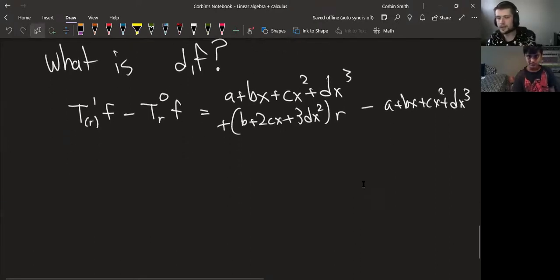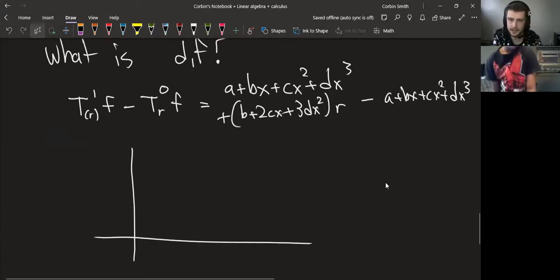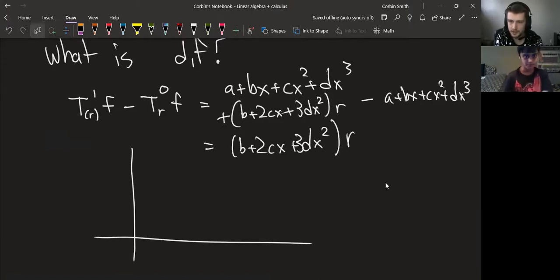So this thing is just equal to b plus 2cx plus 3dx squared, times r.